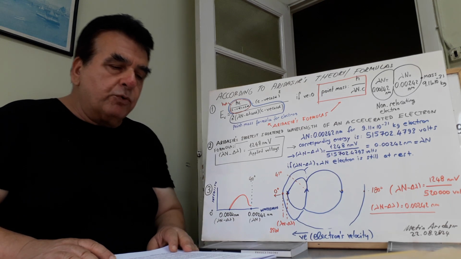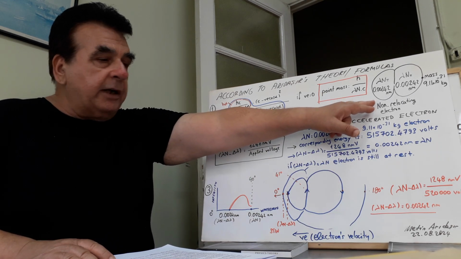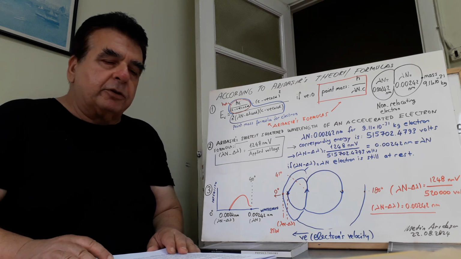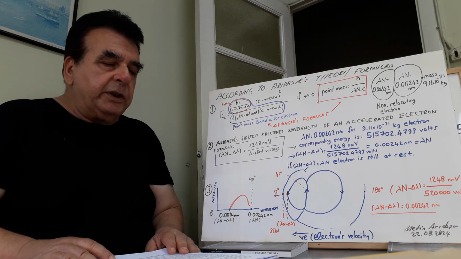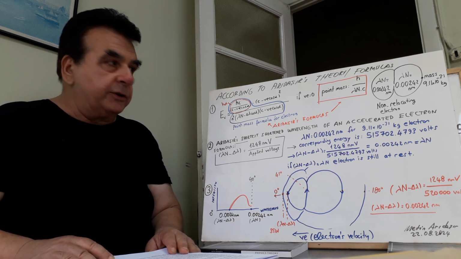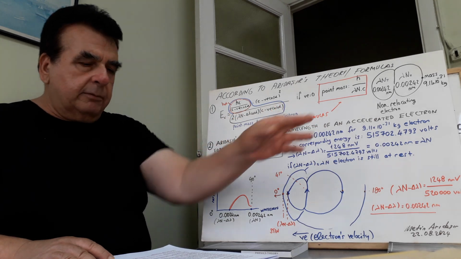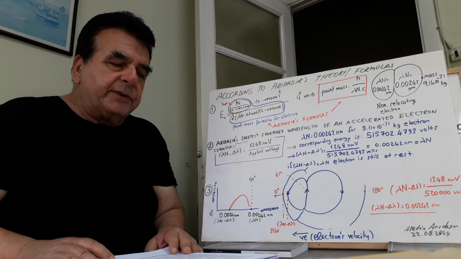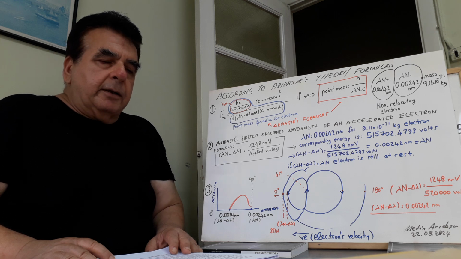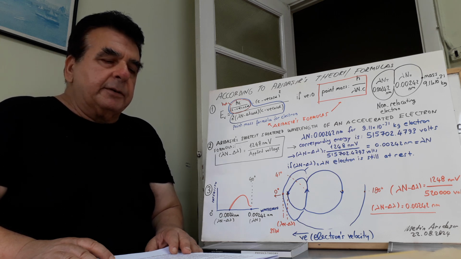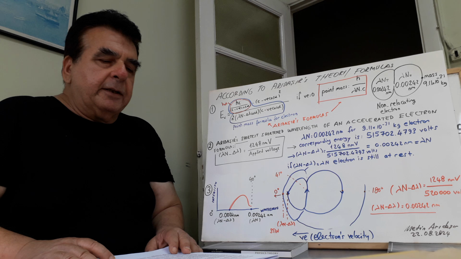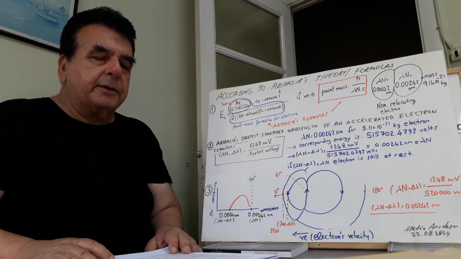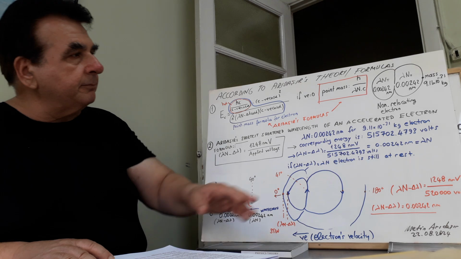You cannot move an electron with a mass of 9.11 × 10⁻31 kilogram with an accelerating voltage between 0 and 515,702.4793 volts.